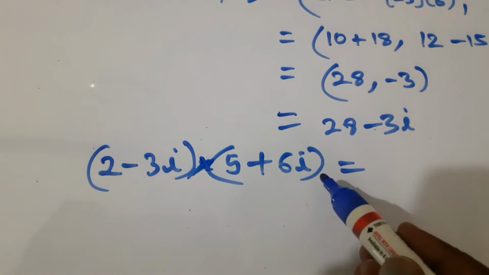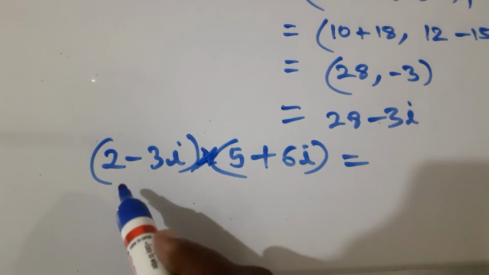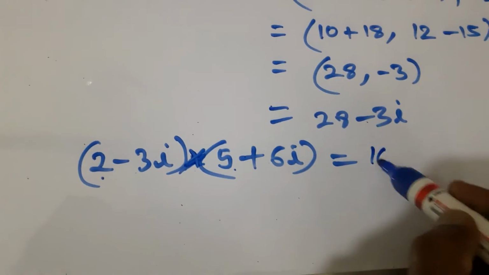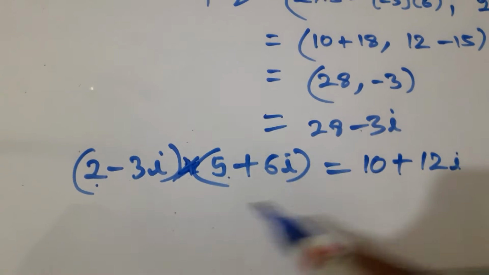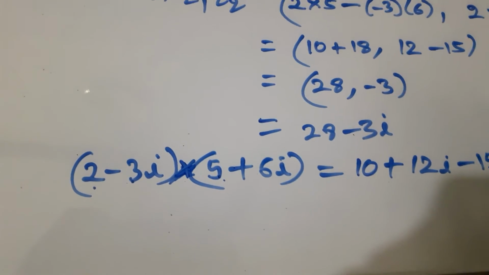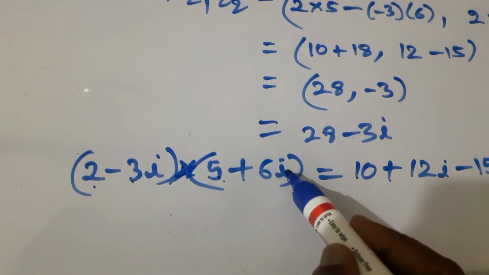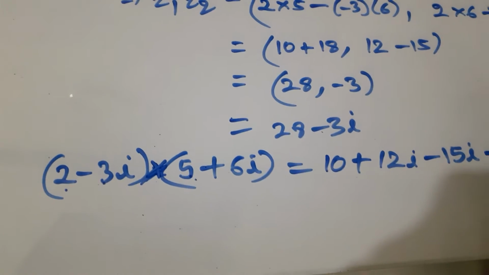In algebraic terms, how to multiply? In the same way we can multiply these two complex numbers. 2 into 5, 10. 2 into 6i, 12i. Minus 3i into 5, minus 15i. Minus 3i into 6i, minus 18 i square we are getting.